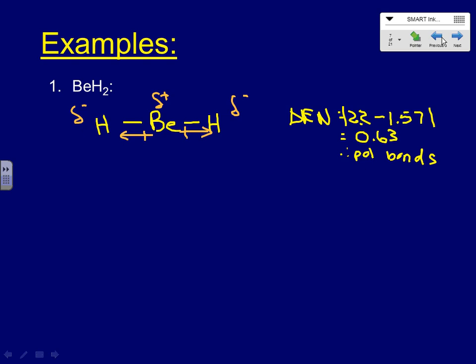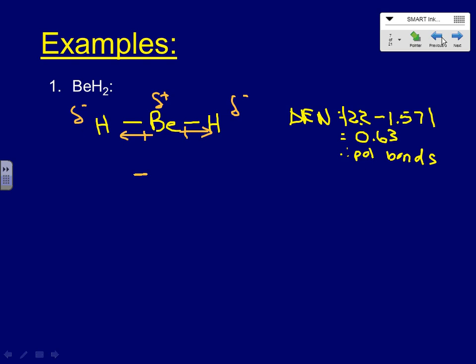Mathematically speaking, because many of you have taken physics, what you have to do in order to determine whether there's an overall dipole or not is you need to do a vector addition of all the dipoles. And we need to then add those vectors up. And if the vectors add to 0, then you have a nonpolar situation. If you're taking physics, I think you know what I'm talking about. Let me just do a single diagram for this, and I won't do it again for the rest of them.